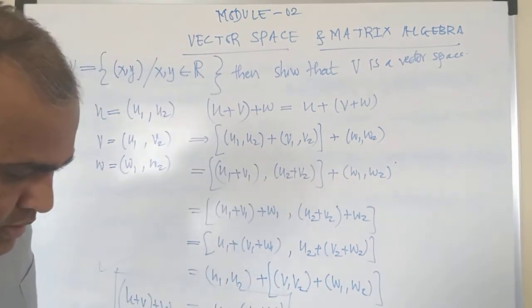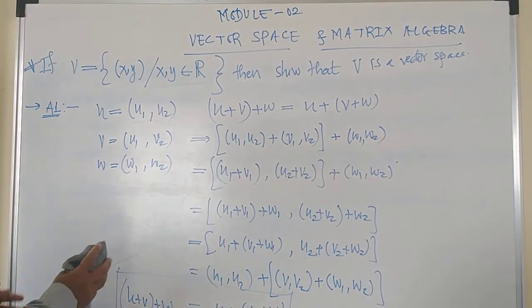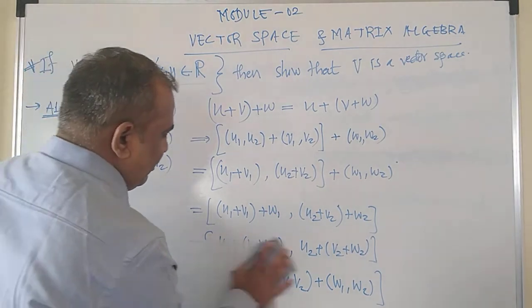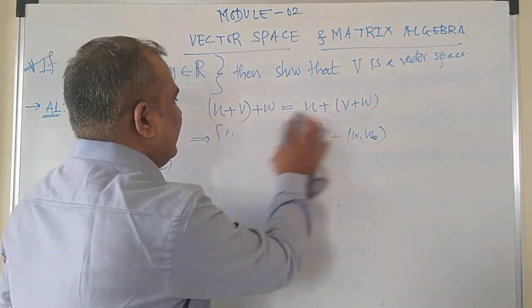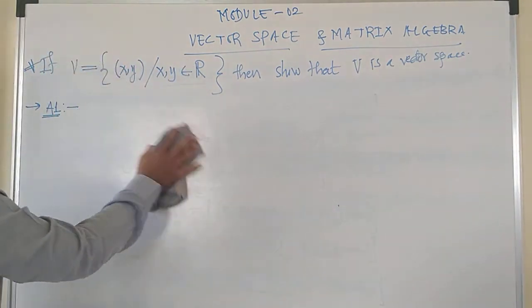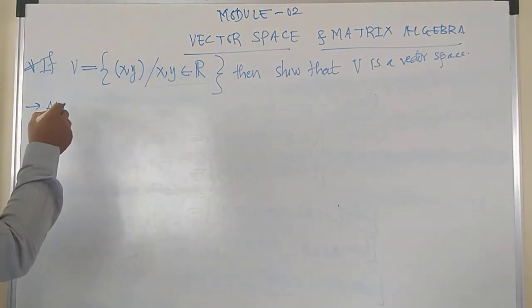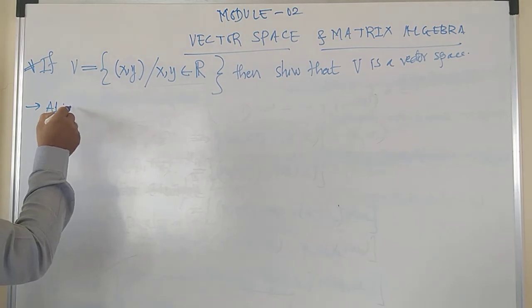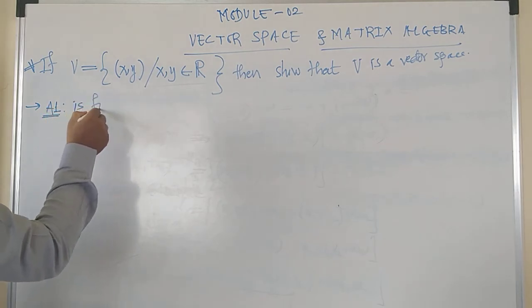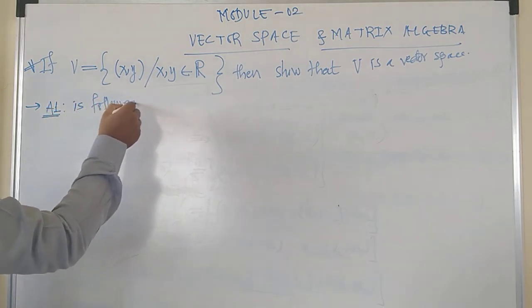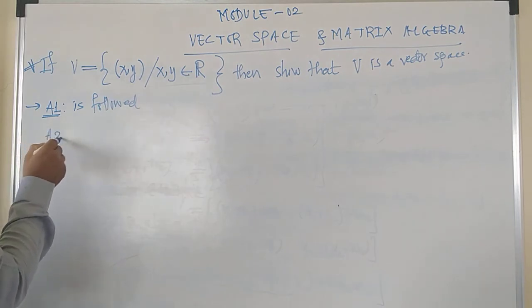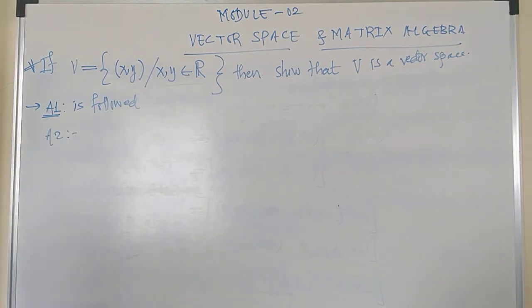In this way we have to check other axioms. So the first is followed. Let's go and check the second, third, fourth, fifth, sixth, seventh and eighth. So let me write only here. A1 is followed.